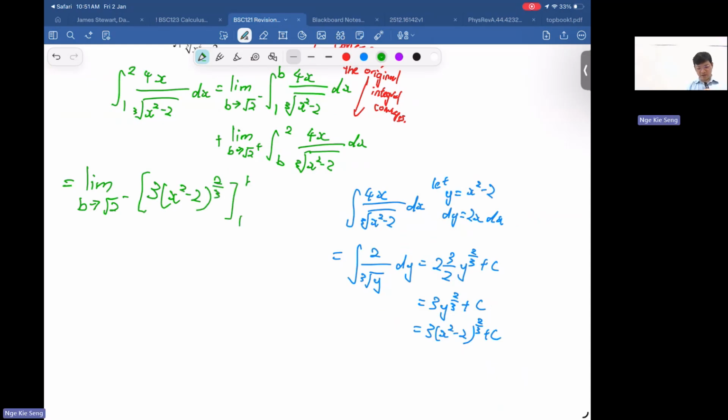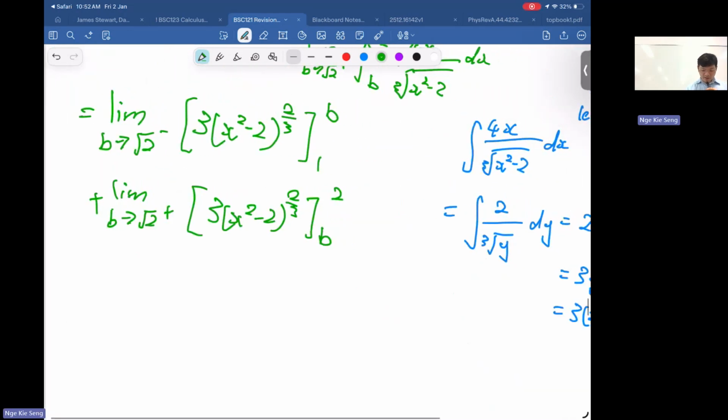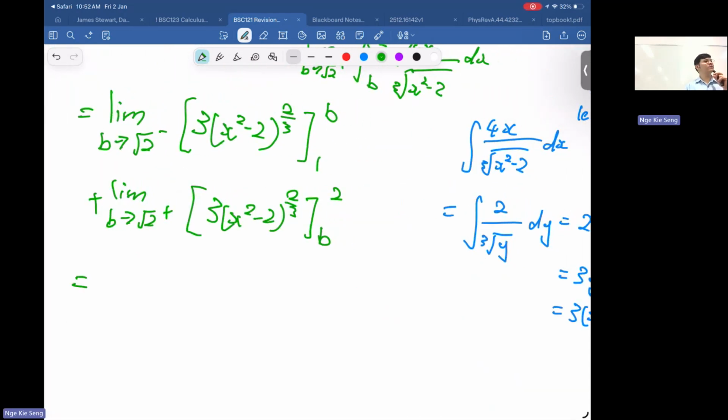Plus c, we just ignore it because later plus c minus c, you get 0 also. Okay. And then this will turn to a chapter 1 question. Right. This is a chapter 1 question. So if you forget chapter 1, how to do this? I don't know. So you cannot just ignore chapter 1, right? We're going to use chapter 1 technique here.